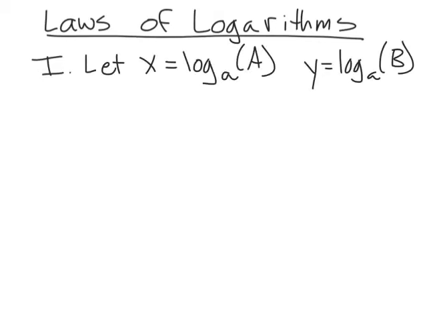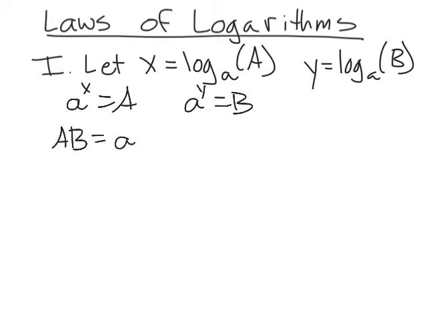We're going to start off by letting x be equal to log to the base a of capital A, and y is log to the base a of capital B. So I can rewrite these expressions as exponentials, which means instead of log to the base a of A, I have little a to the x is equal to capital A, and little a raised to an exponent of y is equal to capital B. Then I'm going to take the product of capital A and capital B. A times B, that's the same as a to the x times a to the y.